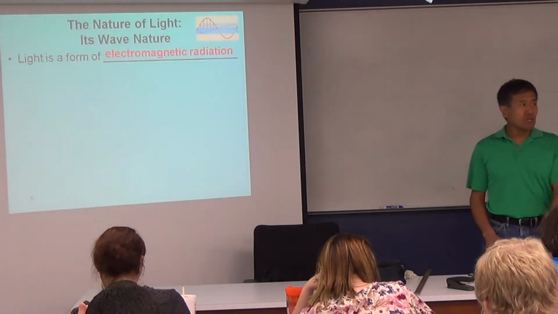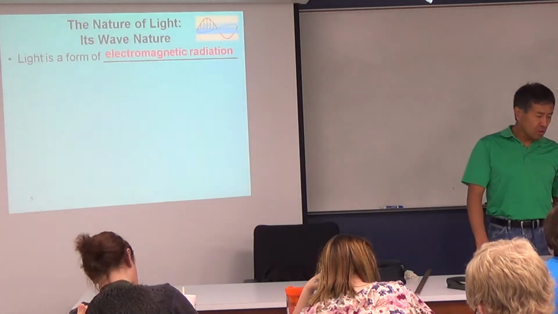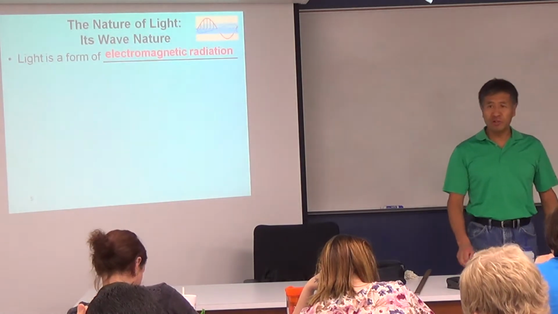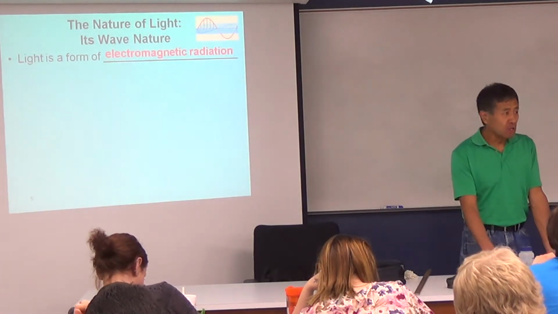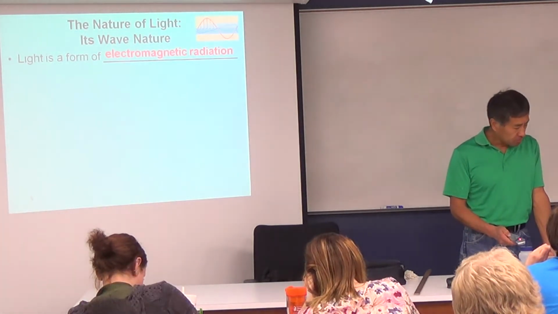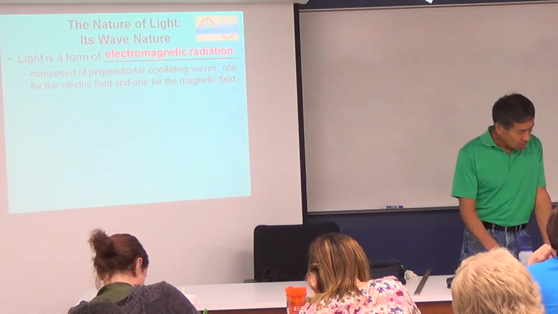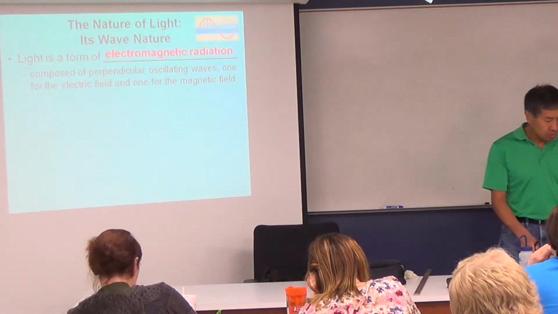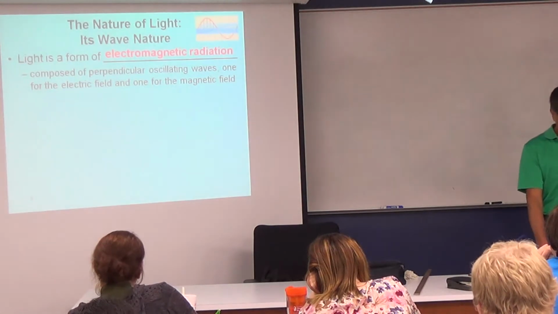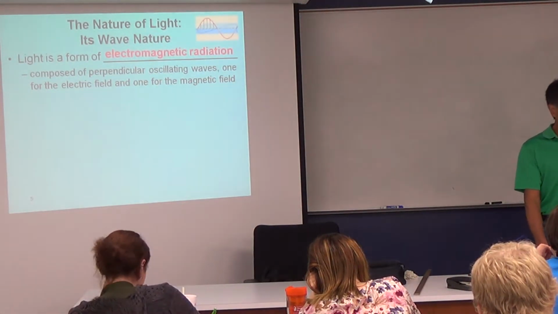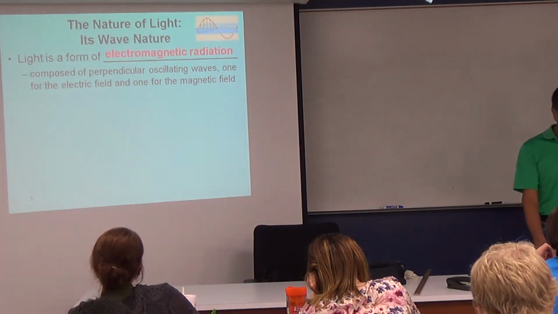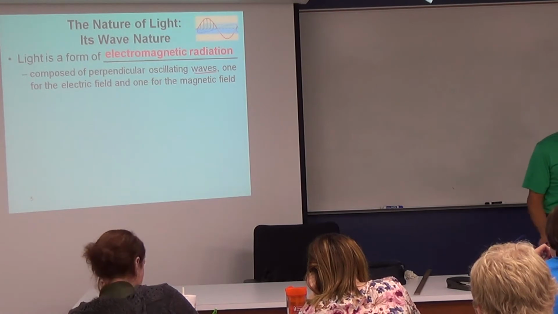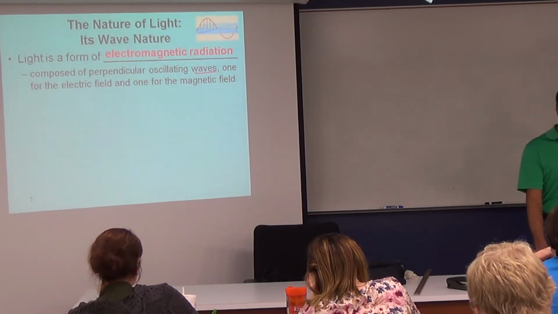in the light you have two fields, or two waves. Those two fields propagate and travel in the form of waves, two oscillating waves.